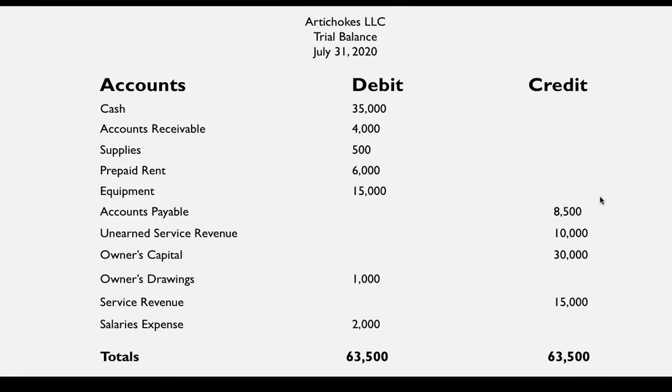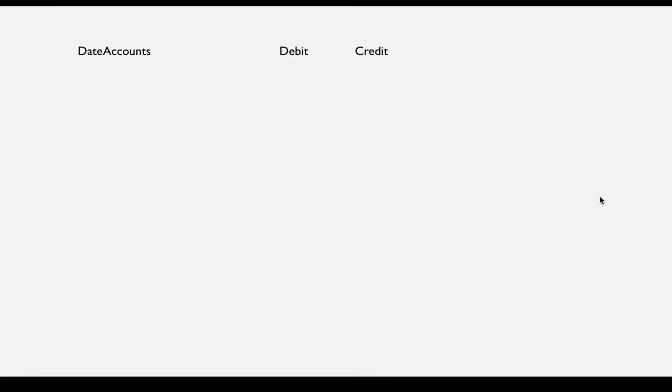So after preparing a trial balance, the next step here was to journalize and post adjustments. So this is chapter 3 in your textbook. So these adjusting entries, right? There's a couple rules that we can follow when preparing adjusting entries.